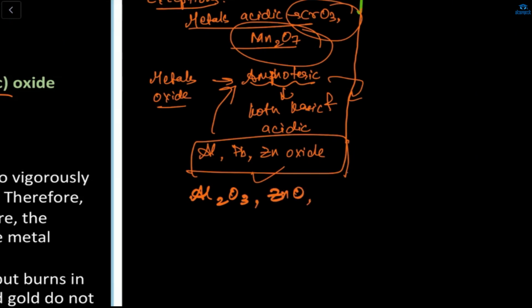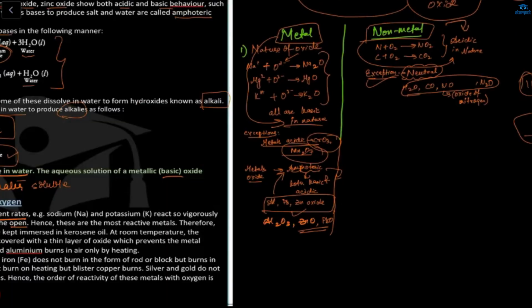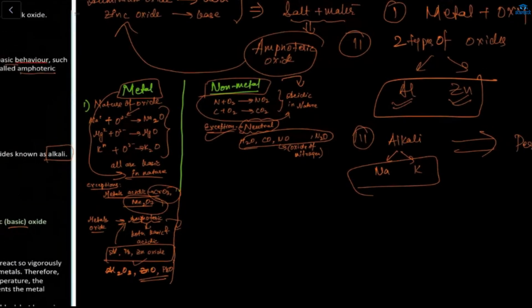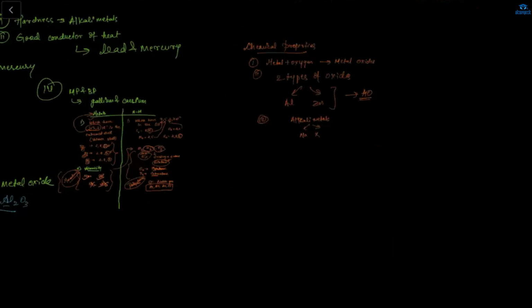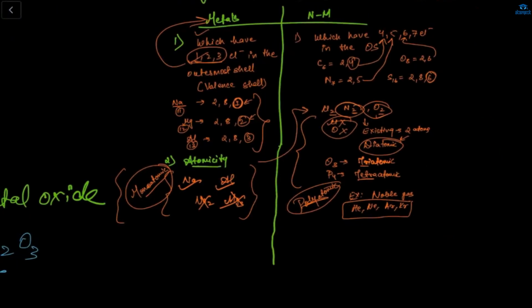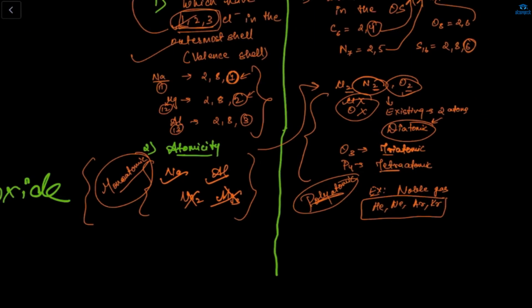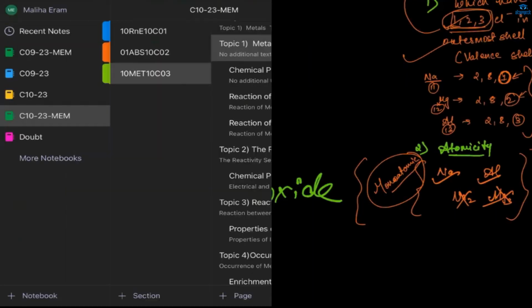And what about lead oxide? Lead oxide is PbO. So the three things we discussed right now: first is the outermost shell. If it has 1, 2, or 3 electrons, you will consider it a metal; if more than 3, a non-metal. Second is atomicity. Metals are always monoatomic in nature, but non-metals have more than one atom, so polyatomic.